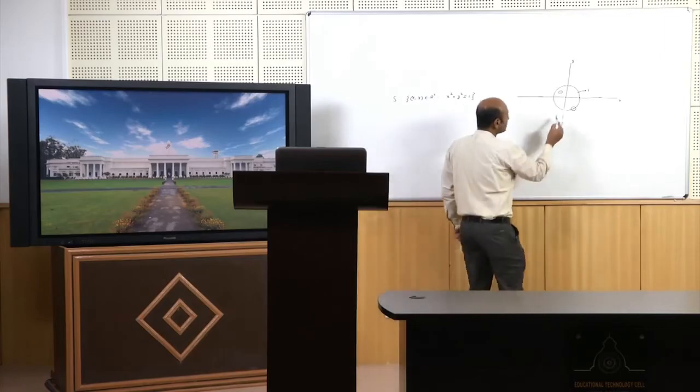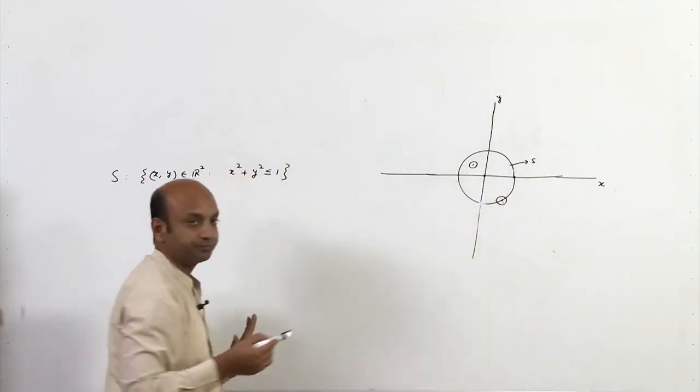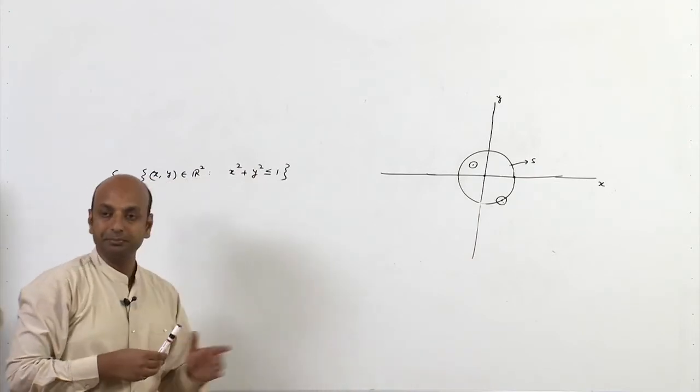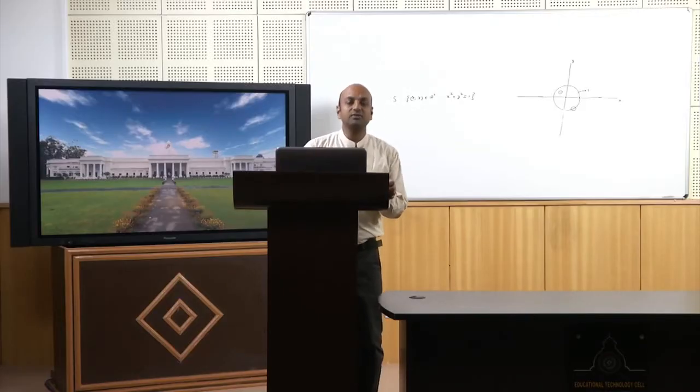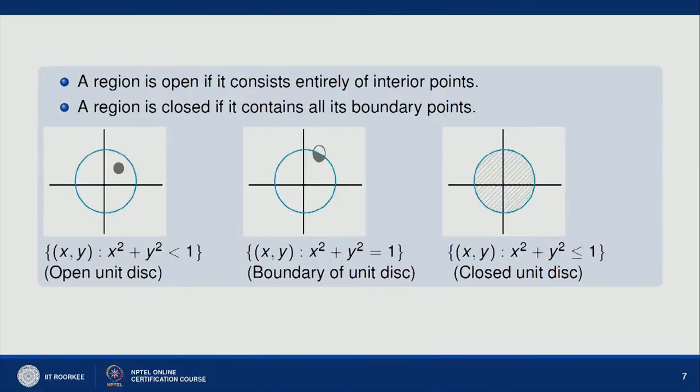So, all the points that lie on the boundary are the boundary points of S. Now, based on this we can decide whether a region is open or closed. How can we do that? Let us see. A region is open if it consists entirely of its interior points.